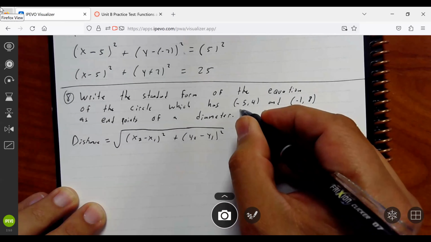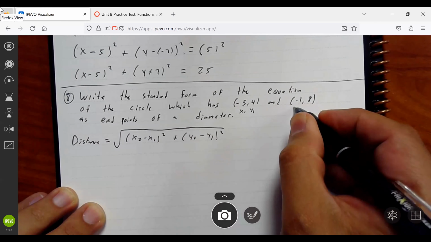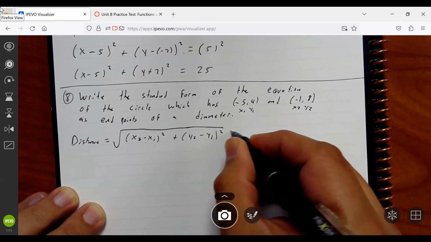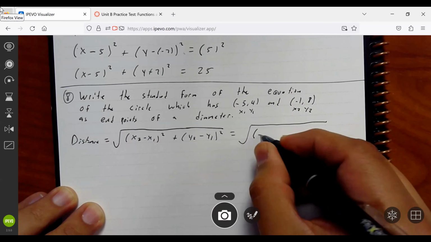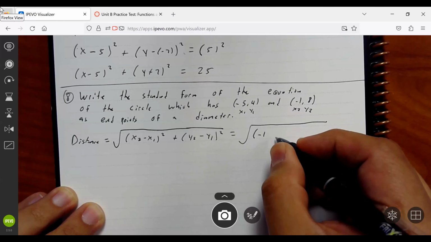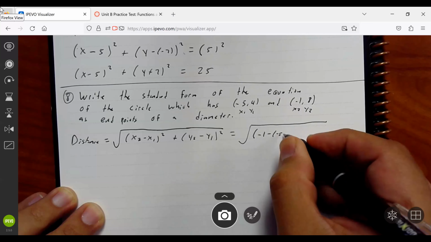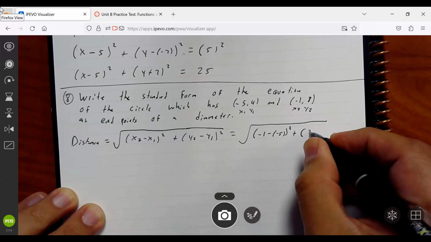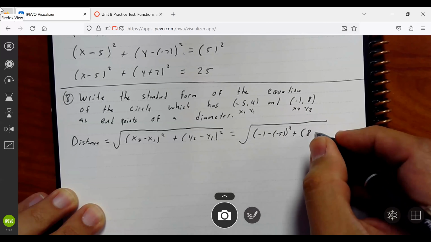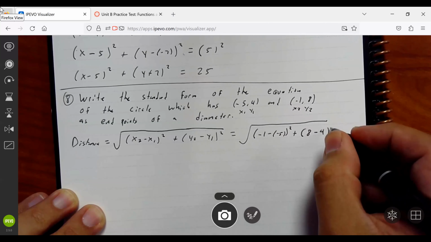So this is my x1, y1, x2, y2. This becomes -1 minus -5, 8 minus 4.